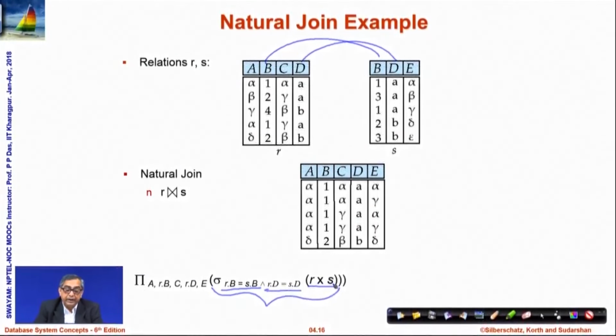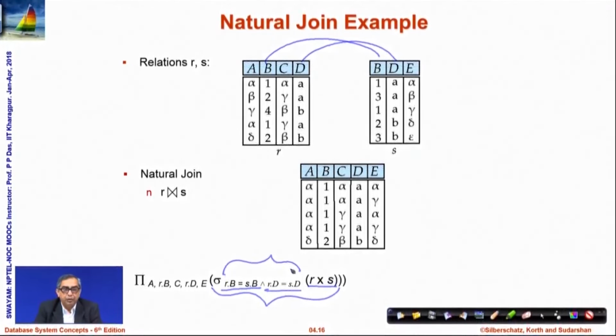As you do that, you get a table where there are two B's, R dot B and S dot B, and two D's, R dot D and S dot D. But according to this selection, for all rows, the value on R dot B and the value on S dot B are the same. The value on R dot D and the value on S dot D are the same, because that is how we have done the selection.